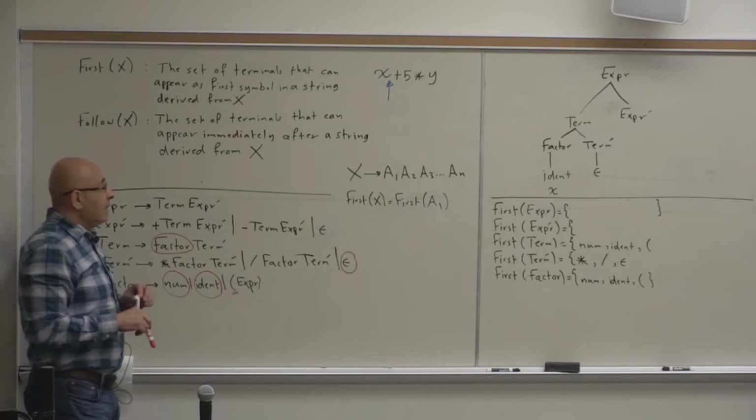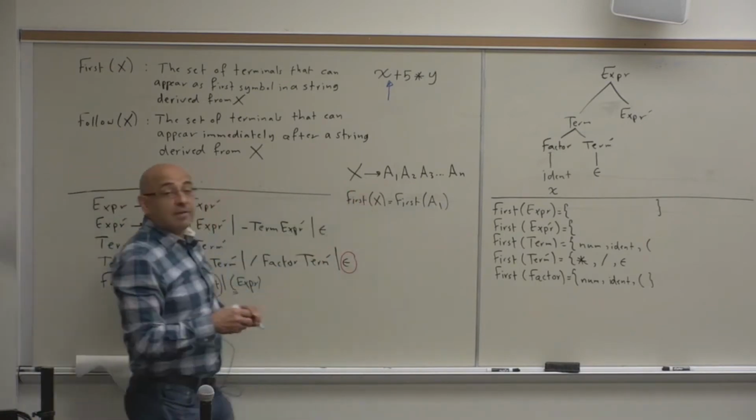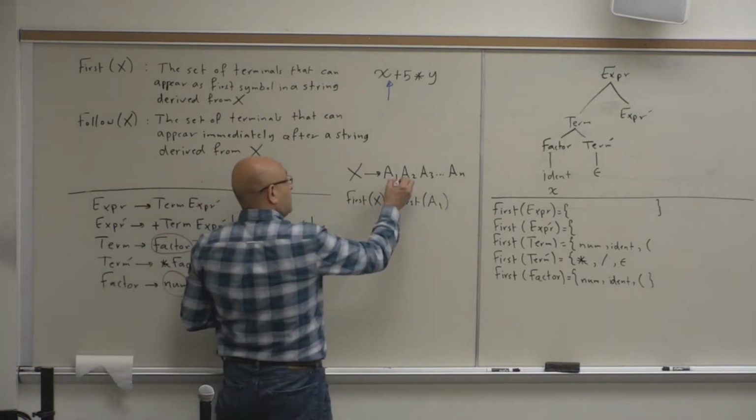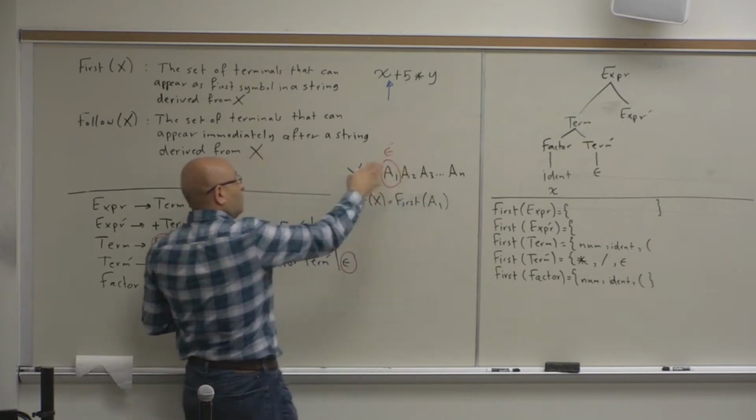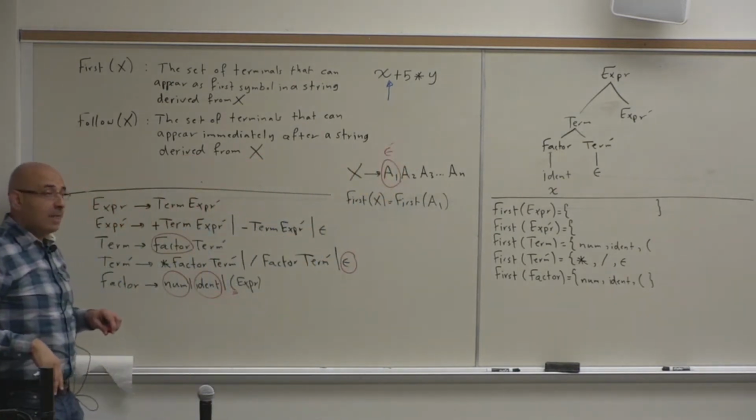Yeah, exactly. If in the first set of A1 we have an epsilon, this means that A1 can vanish. We can substitute nothing for A1.